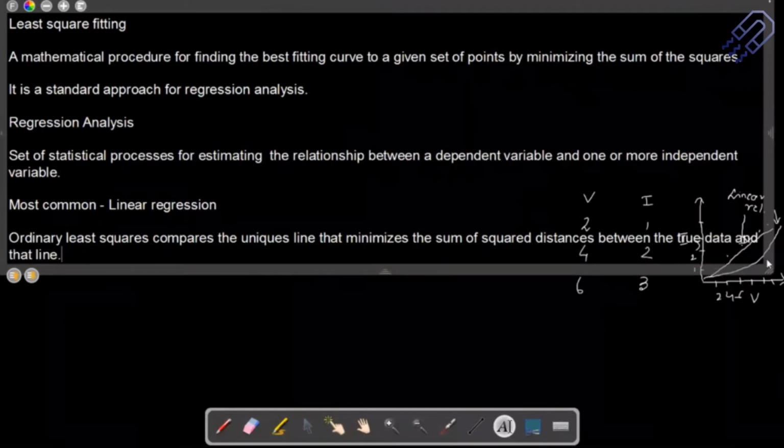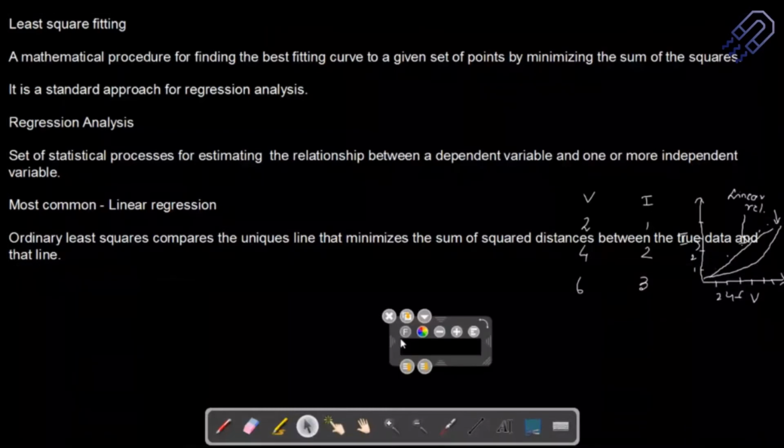So the true data might be the points and the line might be this line, and this will actually minimize the sum of the squares. So when we talk about these least squares, it can be either ordinary least square or non-linear least square.